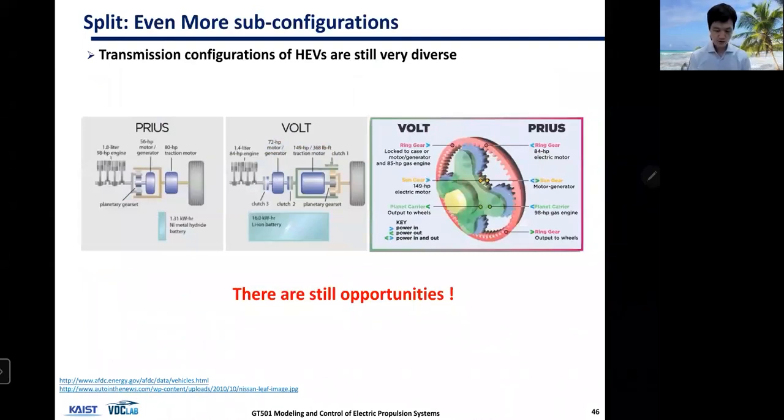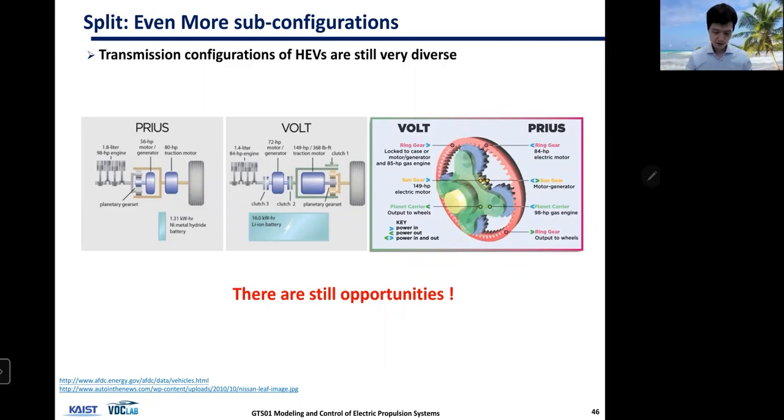So I just talked about plug-in hybrid concepts, and for plug-in hybrids, I mentioned that there are two different approaches: blended type and then ER-EV type.